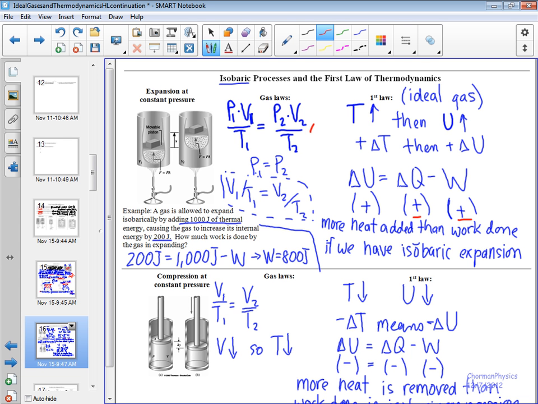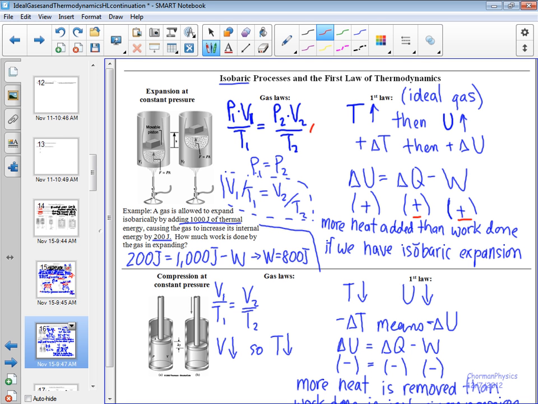So we have positive work and positive internal energy with an expansion, because we have positive thermal energy and we need more heat added than the work that is done. That has to do with efficiency, actually, and that you can't get out more than you put in.